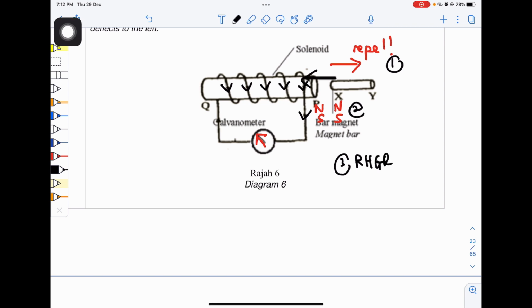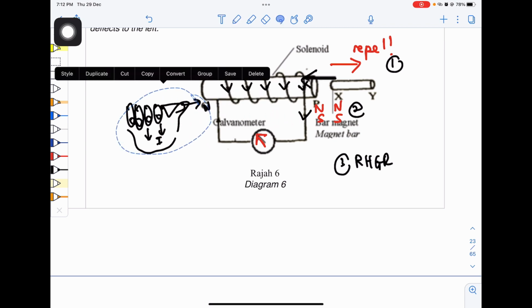So thumb always menunjukkan direction of north. Jadi our other fingers, 4 fingers tu menunjukkan arah current. Sekarang kita dah tahu arah current. Kan arah current macam tu kan. So sini north. Kan?